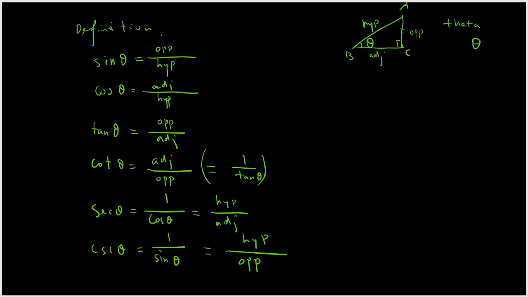In this definition, theta can only be greater than 0 and less than 90 degrees. In a right triangle, an angle cannot be more than 90. Does that make sense?